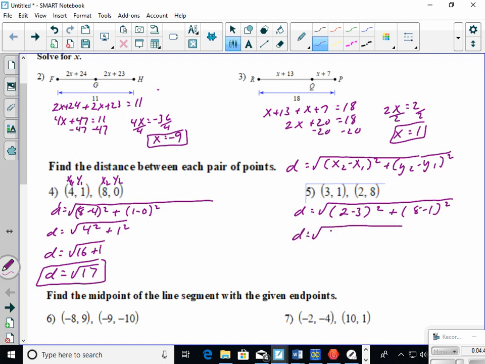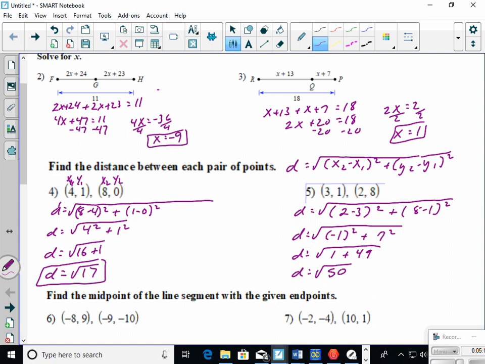So 2 minus 3 is going to give us negative 1 squared, and 8 minus 1 gives us 7 squared. Negative 1 squared is 1. 7 squared is 49. That equals the square root of 50.